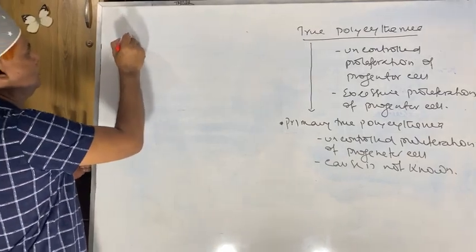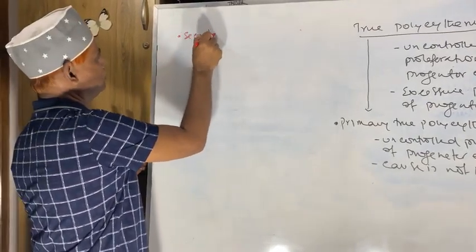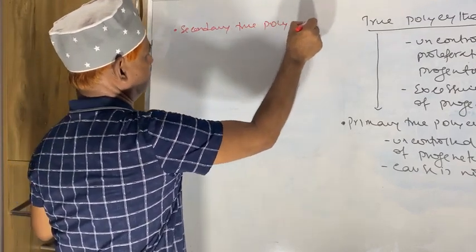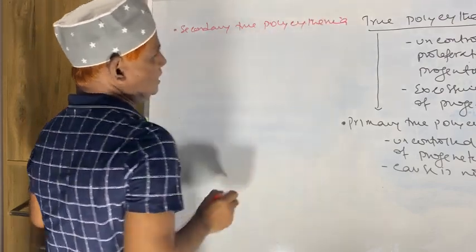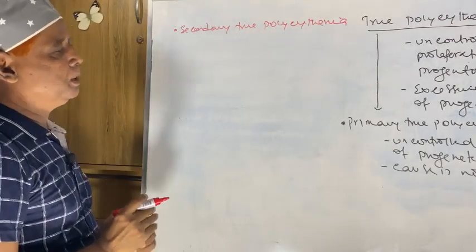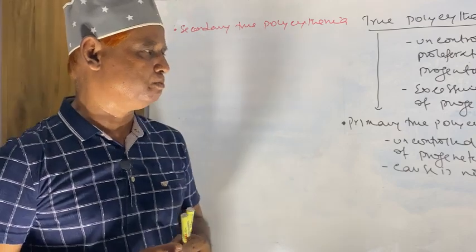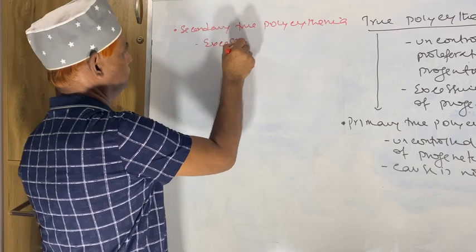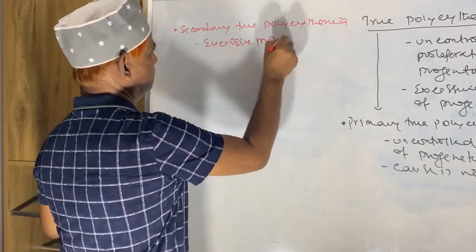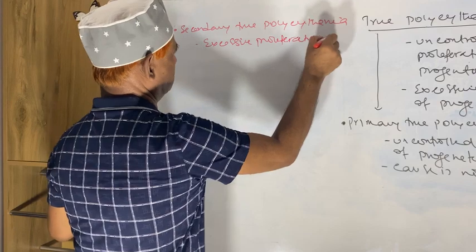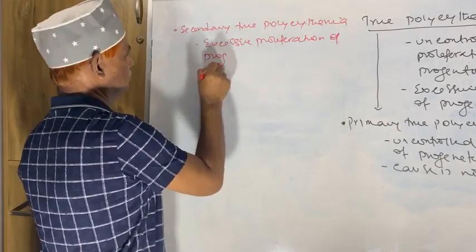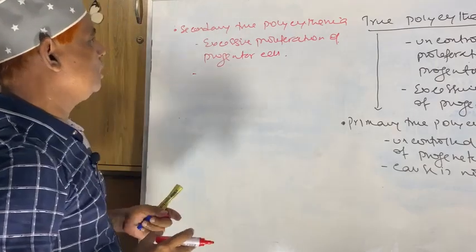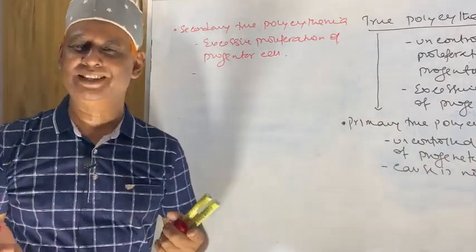Secondary true polycythemia: in this type, there is excessive proliferation of progenitor cell, and the cause of excessive proliferation of progenitor cell is known.